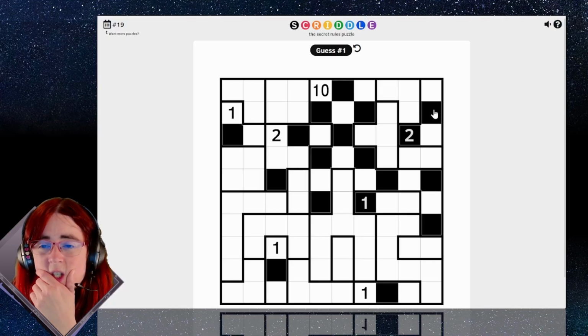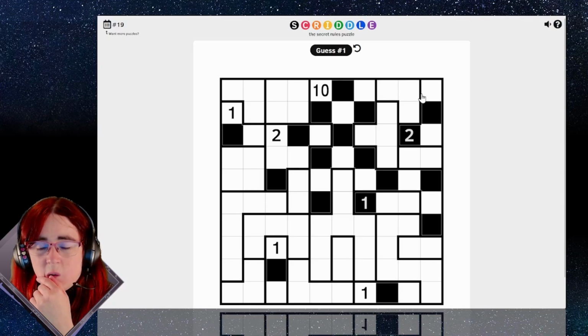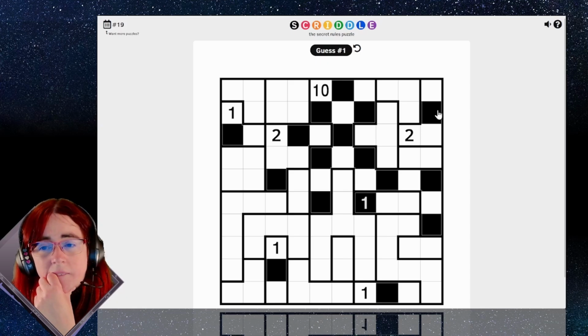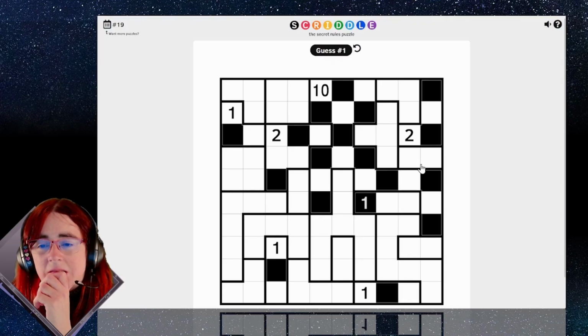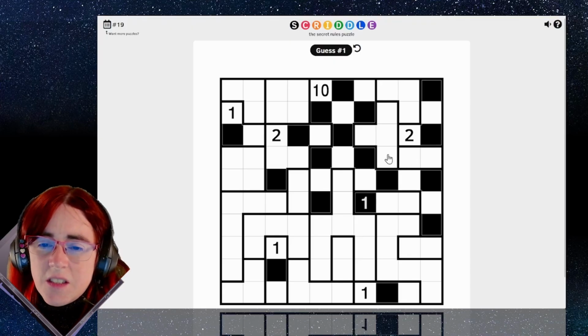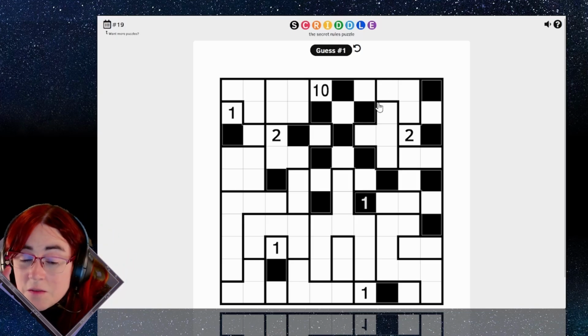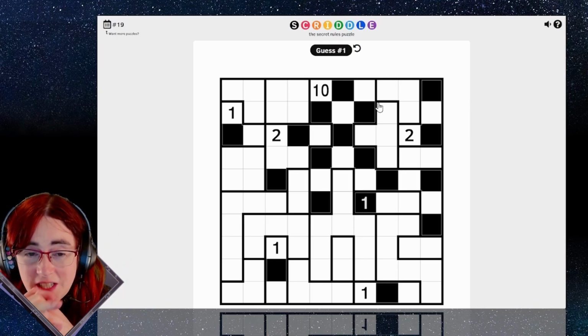What else? What other constraints might we have here? We might have a connectivity constraint. Now, we have to be very careful with connectivity constraints.